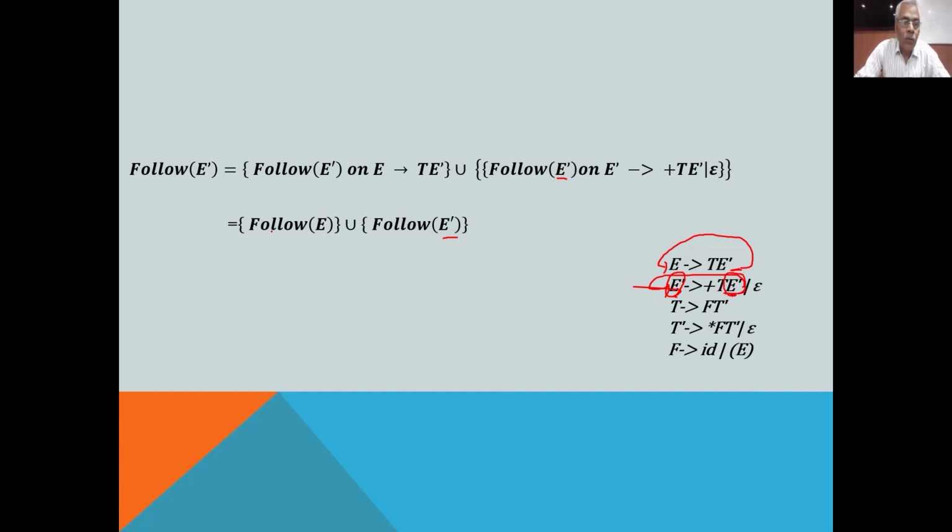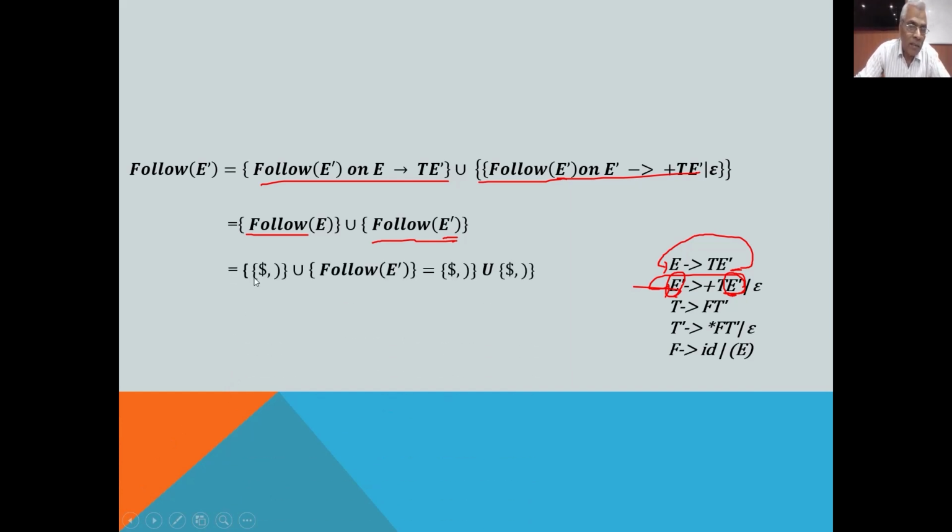Okay, so now this production summarizes like this, and this rule summarizes like this. Now we find the follow of E, and we know follow of E is dollar and closing bracket.